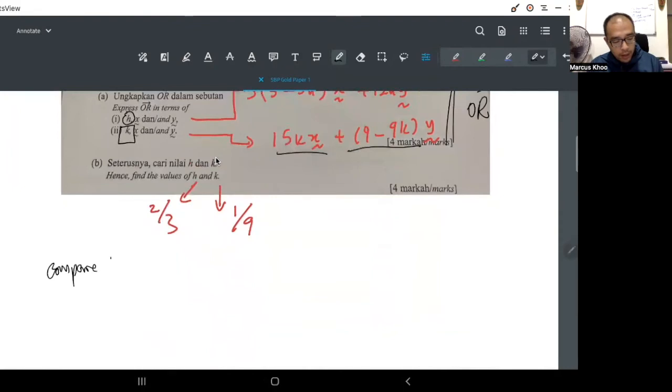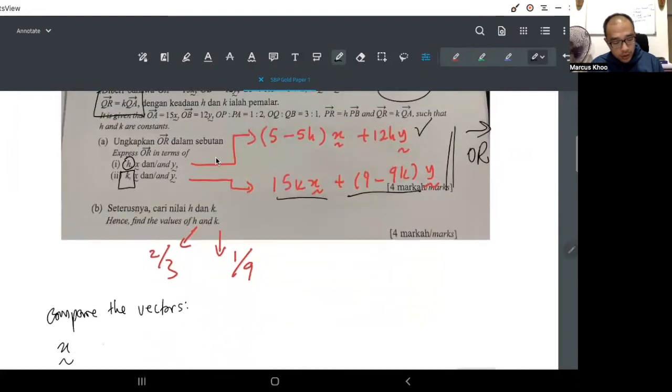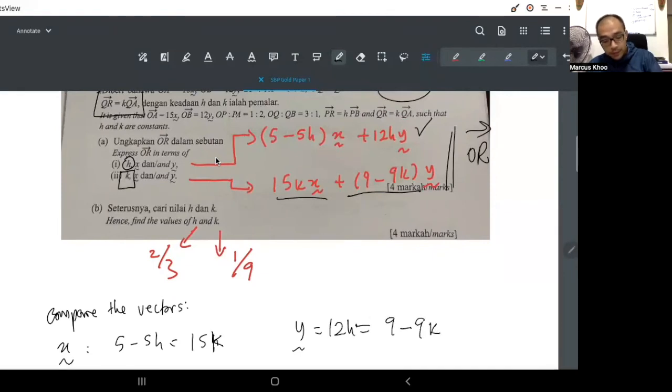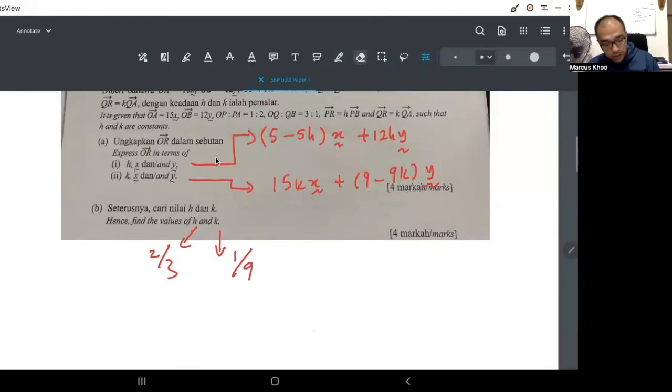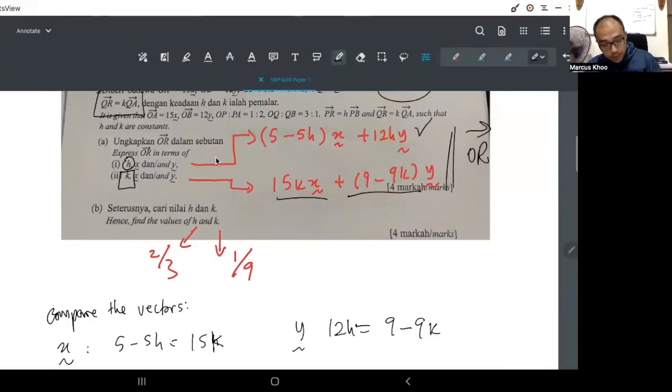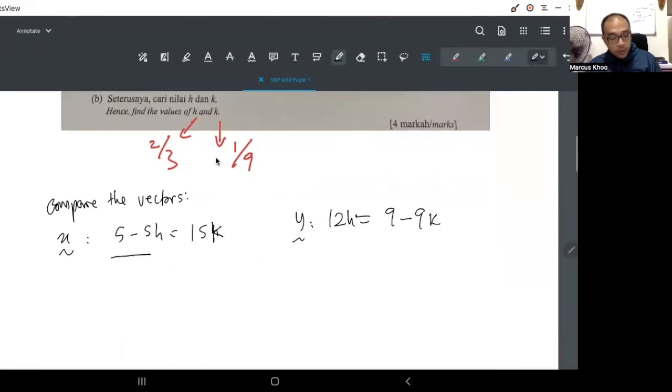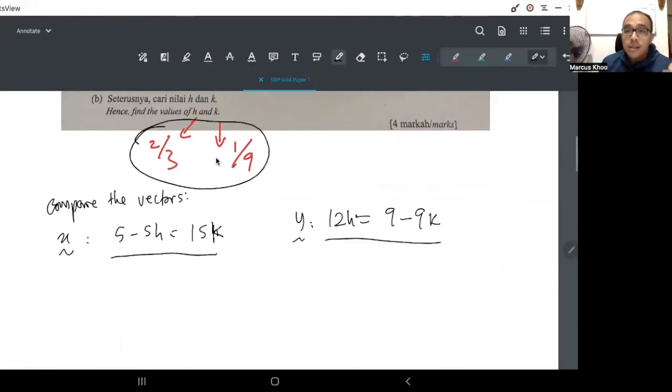The x vector gives you 5 minus 5h equals 15k, and the y vector, 12h equals 9 minus 9k. With these two equations, you can do simultaneous equations, and once again we get an awkward answer: 2/3 and 1/9. It's okay.